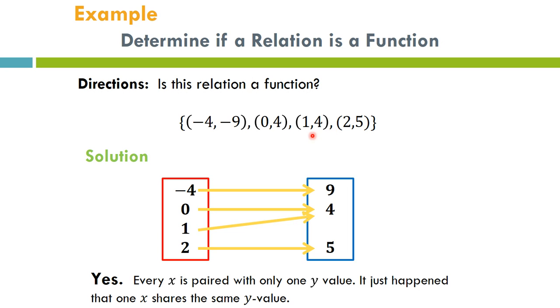The cheater here, the value that's paired up twice, is the 4, but the 4 is in the y position. As long as you are in the y position, you can cheat all day long. But if you are in the x position, you have to be faithful. So in this example, this does represent a function. So be careful.